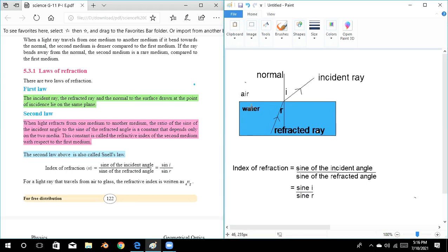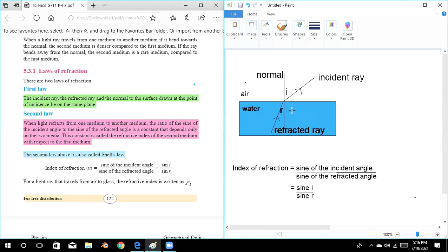Here, one light ray goes from the water and enters the air medium, right? I didn't put the arrowhead here.